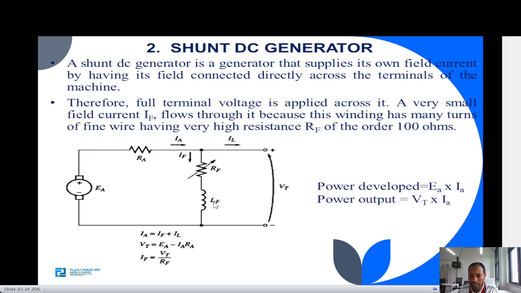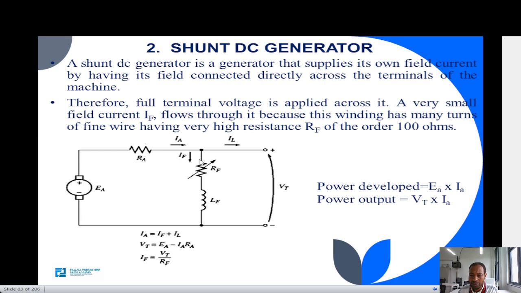The field winding in a shunt is of very fine wire with a large number of turns, so a very small current is supposed to flow in IF.